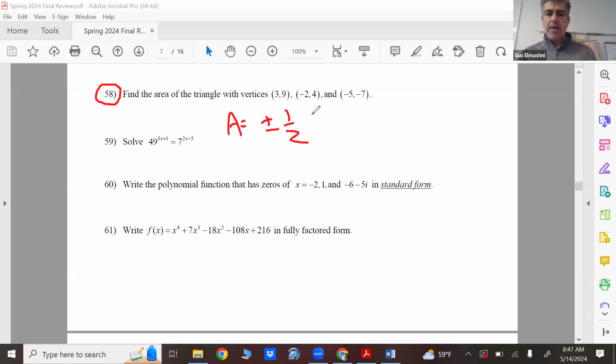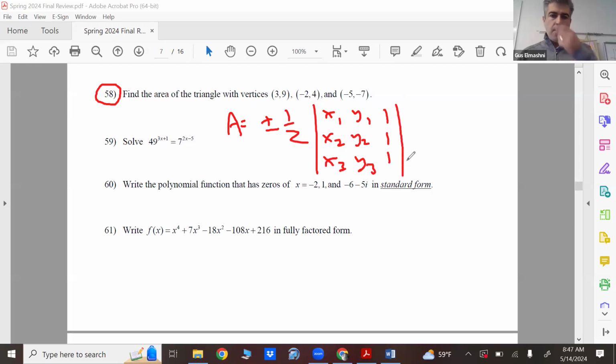So the formula for area of a triangle is this. We will give this to you guys, by the way. You don't have to memorize it. Okay, cool. So that's just plug and chug.